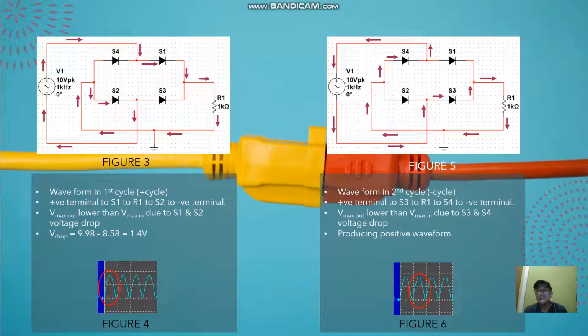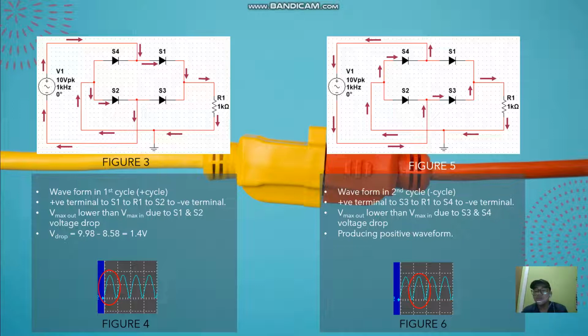Here you can clearly see that our current and voltage go through two diodes, S1 and S2. That explains why our peak voltage is less for the full wave compared to the half wave, because it needs to deduct 2 voltage drops because of the 2 diodes, S1 and S2.